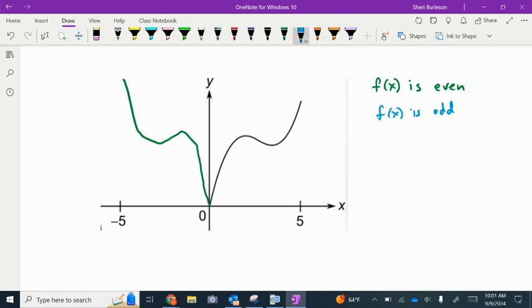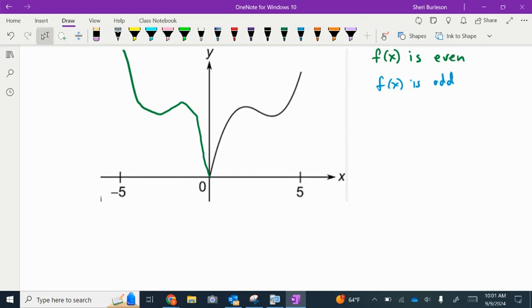What would it look like if f of x is odd? Does that make sense?